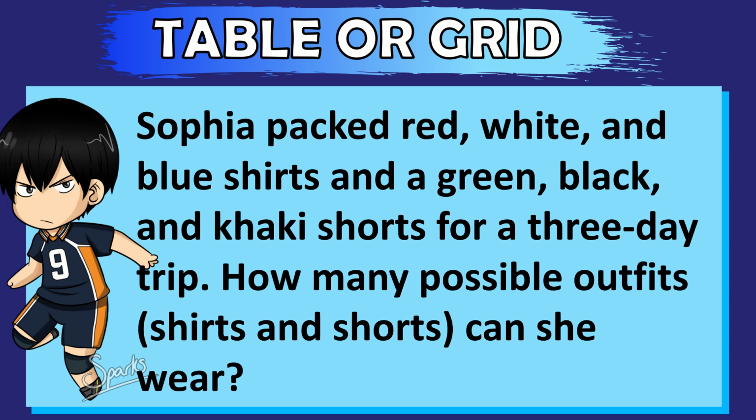So, ano yung gagamitin natin dito? So, gamit tayo ng table or grid. So, again, di ba, ano yung sabi sa problem? Ano-ano yung mga pagpipilian? Ano-anong kulay daw ng shirts? 'Di ba for the shirts, ano-anong kulay daw yung meron siya?